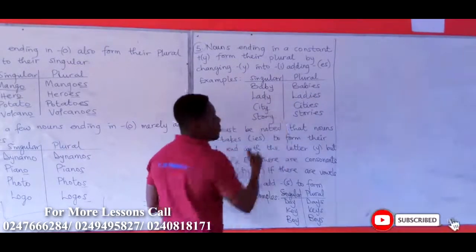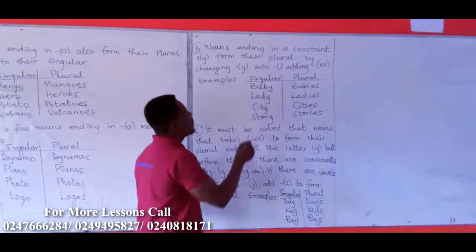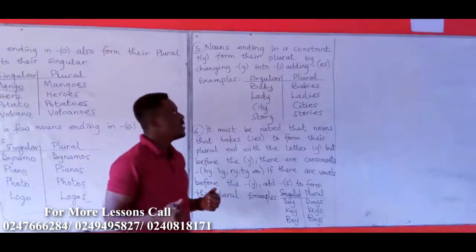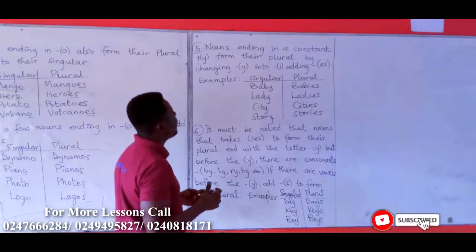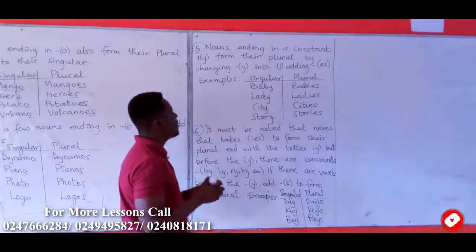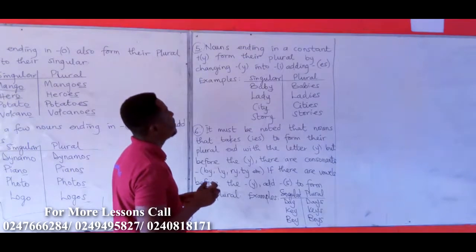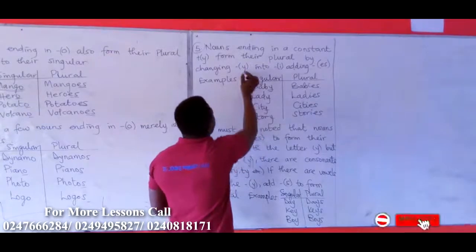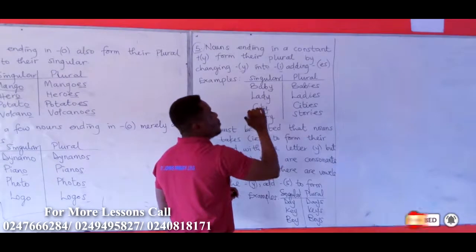Okay, y is a consonant. When nouns end in this form, consonant letter y, how do you form the plural form? To form the plural form of a noun ending in y, like baby, lady, city, story, you have to change the y into i.